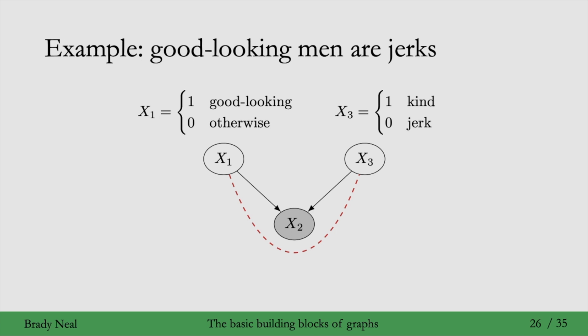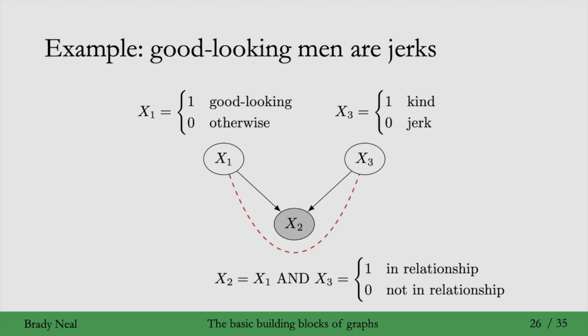And importantly, x1 and x3 are independent in the general population when you're not conditioning on anything. And x2 will be whether or not you're in a relationship. So x2 is 1 if you're in a relationship and 0 if you're not. And the specific function for x2 is an and. Okay, so we'll say that you're in a relationship if you're good looking and you're kind.